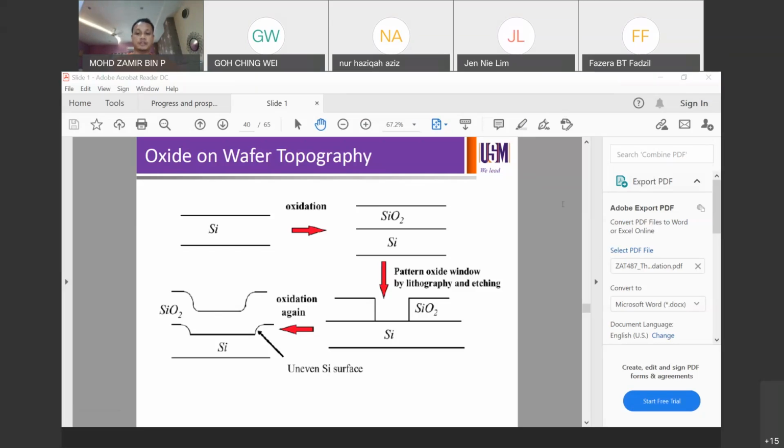Diffusion rate, right? Diffusion rate of oxidant through existing oxide. Okay, so it's limited by the diffusion rate. So secara logiknya memang the first one will be faster lah, sebab dia tak payah diffuse through the oxide. Kalau ada pun maybe very thin native oxide if you don't remove, but you have to remove beforehand.